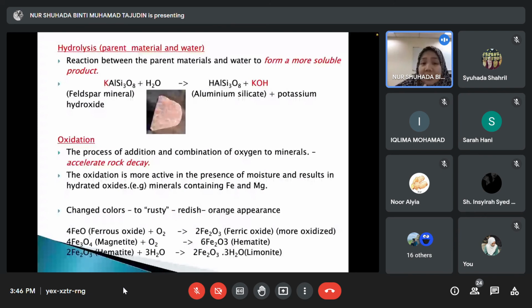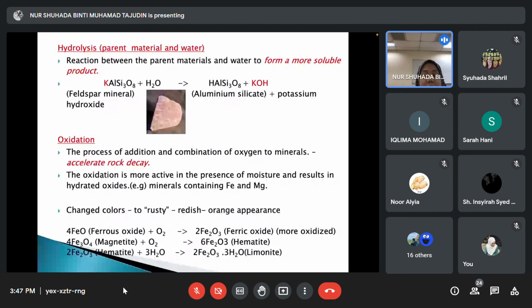If you see the soil is orange in colour, the soil has already undergone the process of oxidation. It will change the chemical composition of the soil. Inside the soil there are minerals, and these minerals are in chemical form.